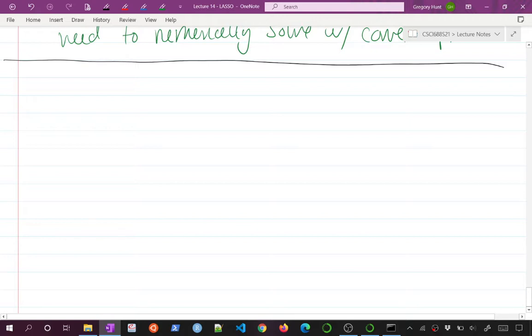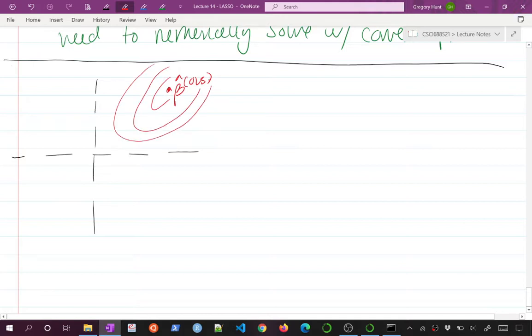So if you recall my picture for ridge, I had my OLS, ordinary least squares, beta hat, and I could draw my level curves for L of beta, something like this.